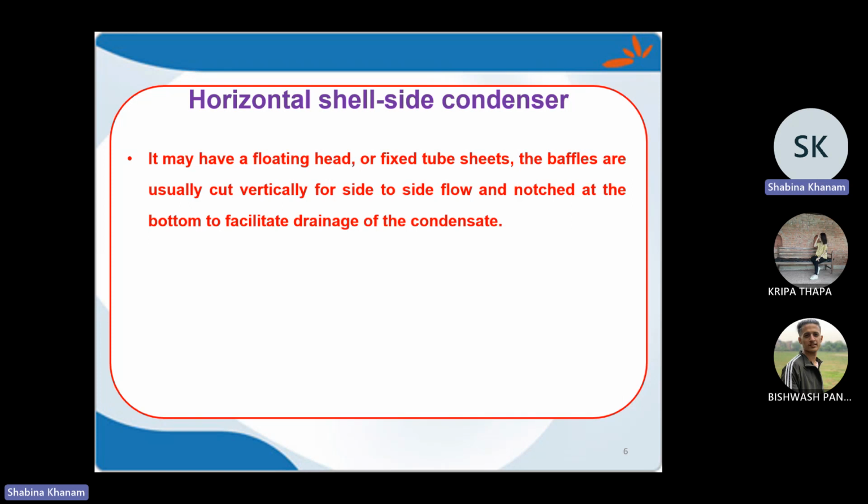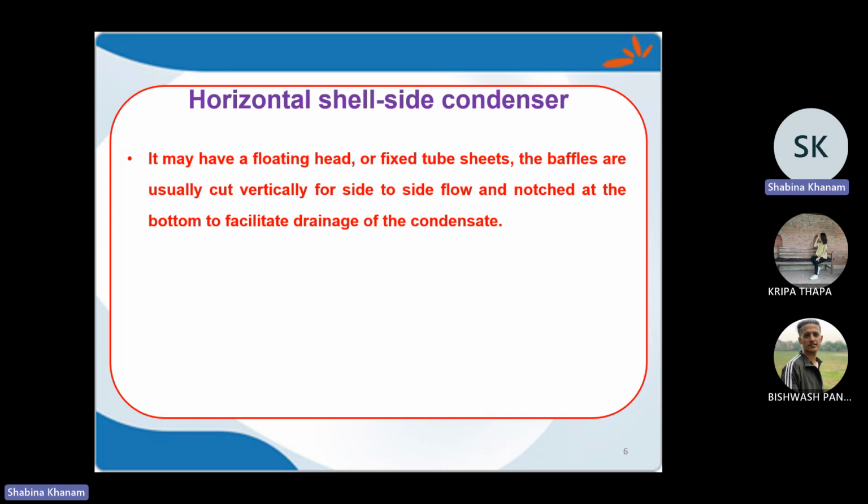When condensation occurs over the tube, the condensate will deposit at the bottom, and some of the tubes will be submerged in the condensate. Because condensation is occurring continuously, the liquid condensate available at the bottom will submerge some of the tubes.